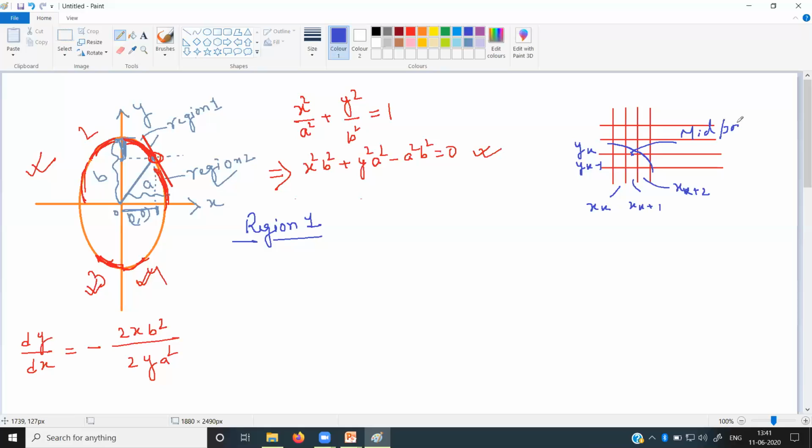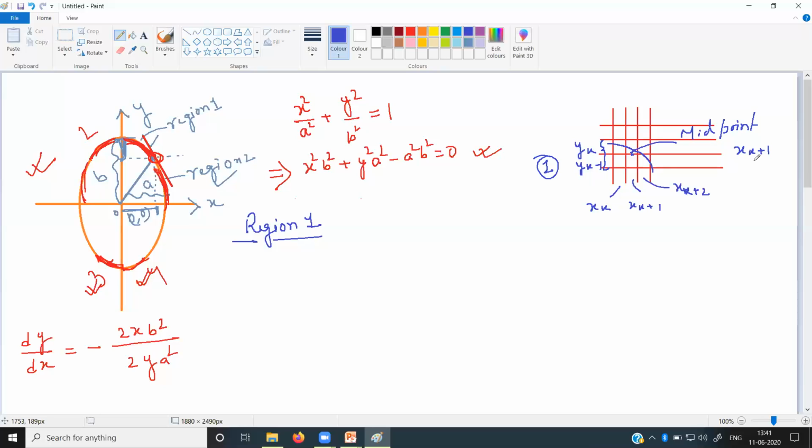For this midpoint, what is the x value? The x value is xk plus 1. And what will be the y value? As in the circle generation algorithm, this is yk and this is yk minus 1. So this distance is 1 unit.